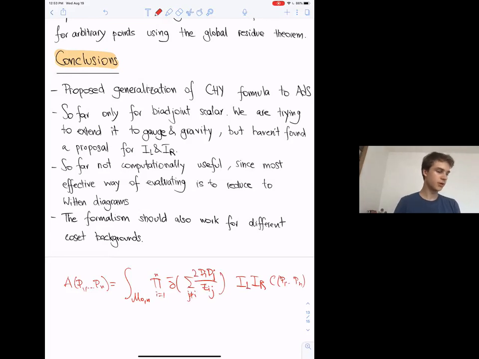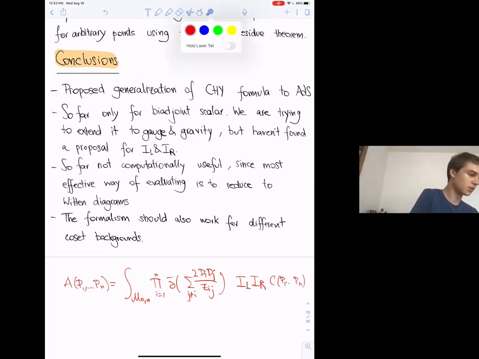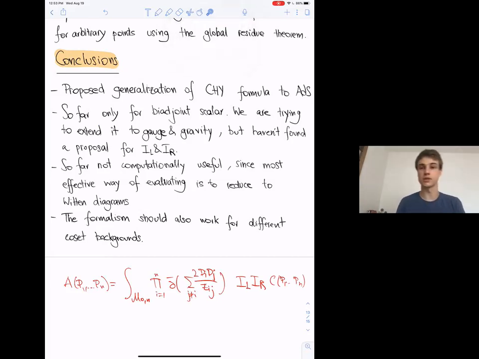Okay, so far, as I said, this only works for the biadjoint scalar. And the main challenge to extend that to more interesting theories like gauge theory and gravity, sorry, was there a question? Is to make sense of these IL and IR.